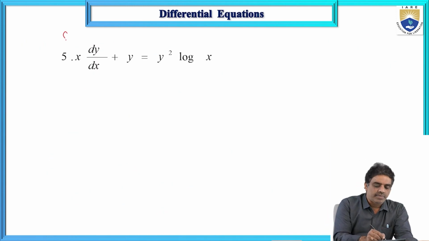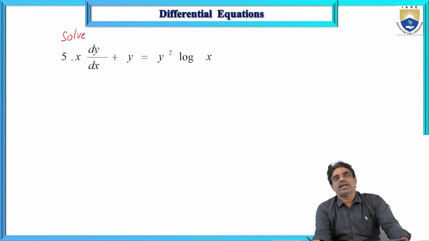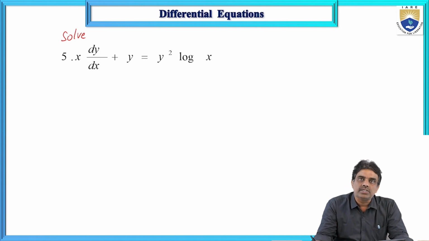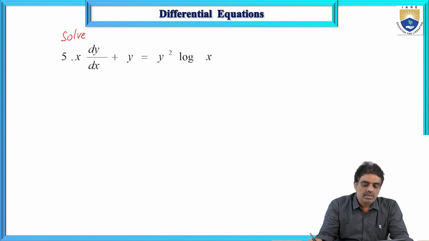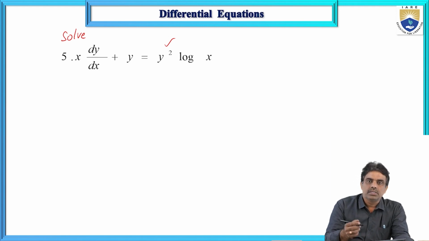Solve the differential equation x dy by dx plus y is equal to y square log x. Clearly, this equation can be assumed as a Bernoulli equation because at the right side there is a function y square. If it is a Bernoulli equation, we have to reduce it into a linear differential equation by using some process.